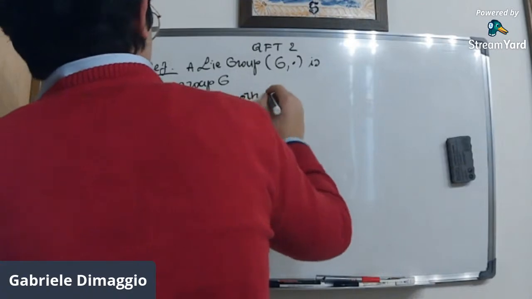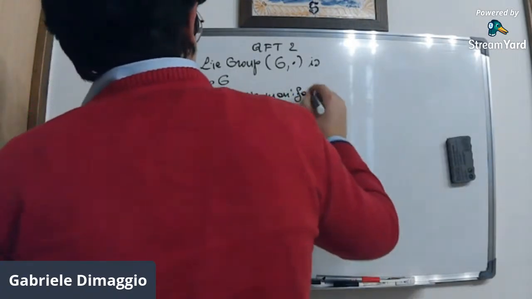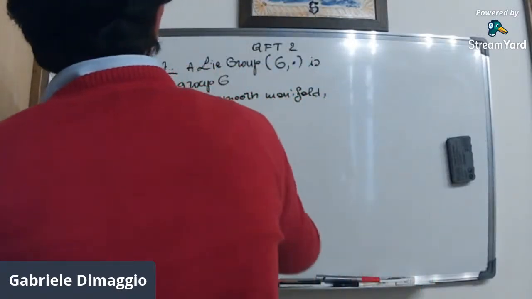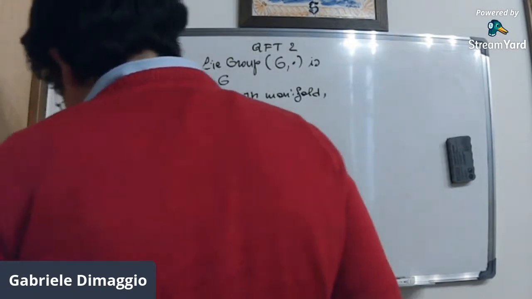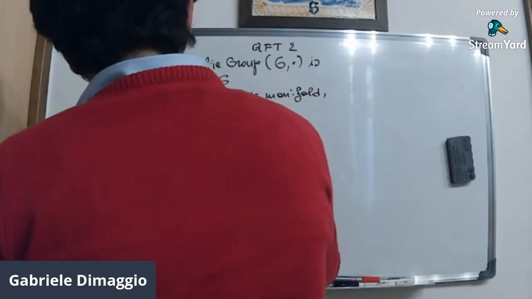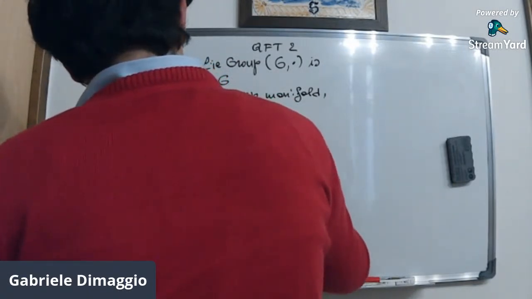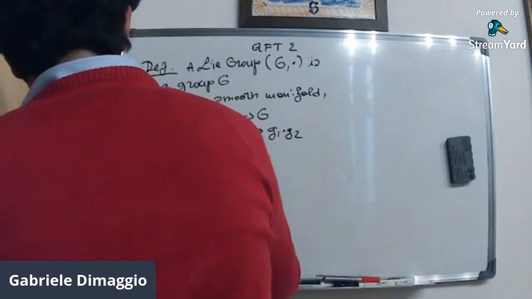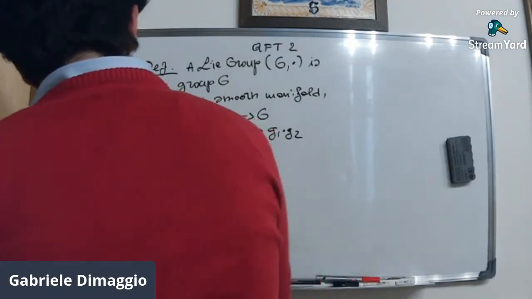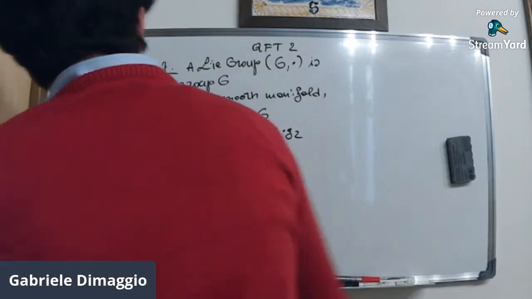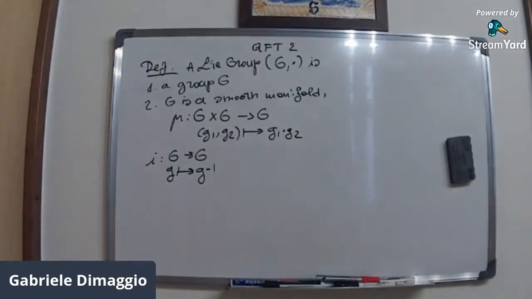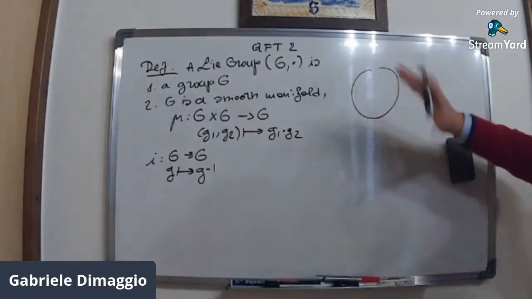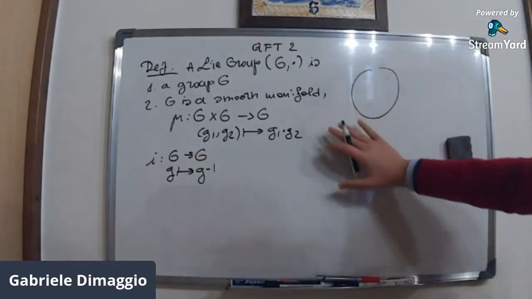So a Lie group is a smooth manifold. For example, this is a smooth manifold, a differentiable manifold.